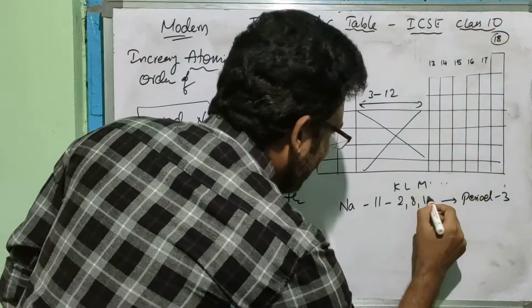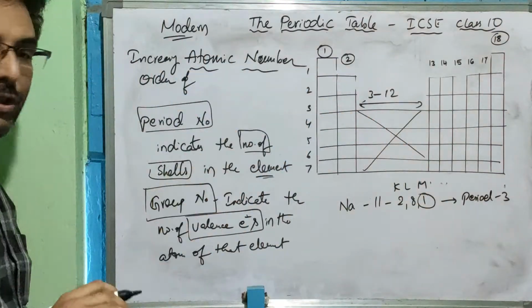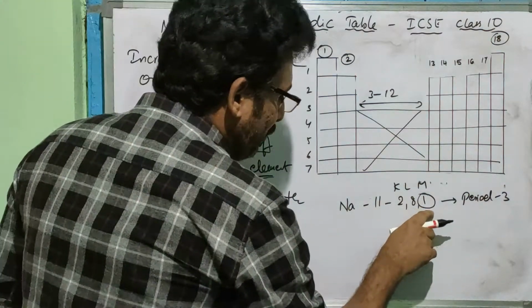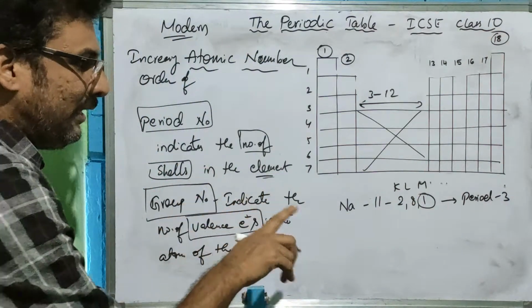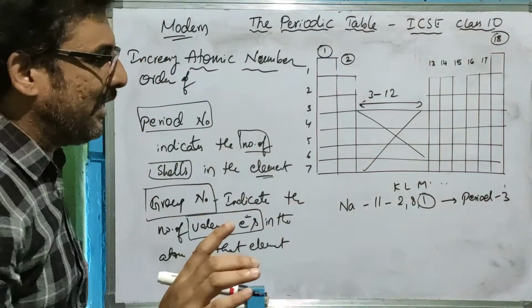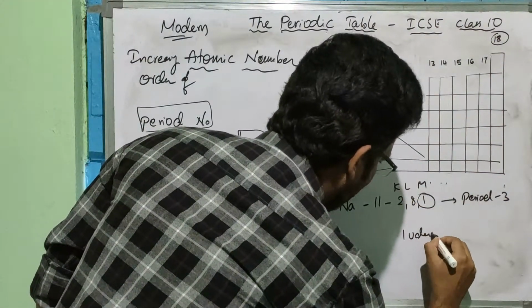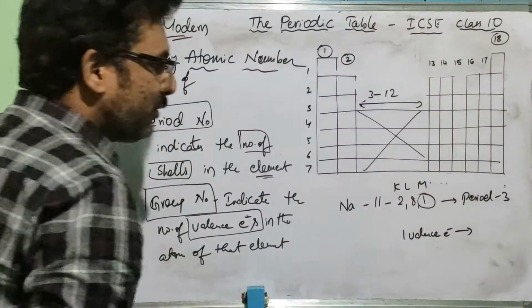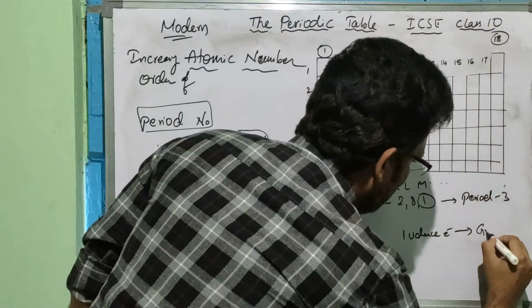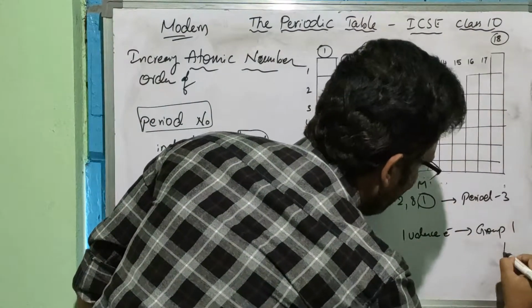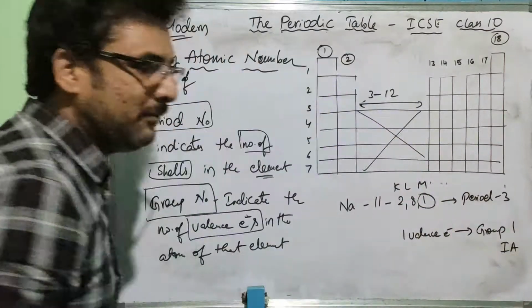And the number of valence electrons. So here sodium has 1 valence electron, means 1 electron in its outermost shell. So since it has 1 valence electron, sodium will be placed in group 1 or 1A.